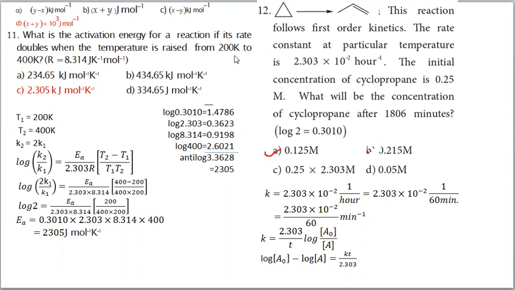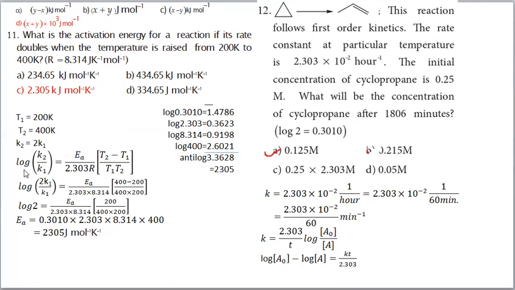See, the initial temperature T1 is equal to 200, the final temperature T2 is 400 Kelvin. Concentration cannot change, so rate is double means rate constant is double. So rate constant K2 equals 2K1.